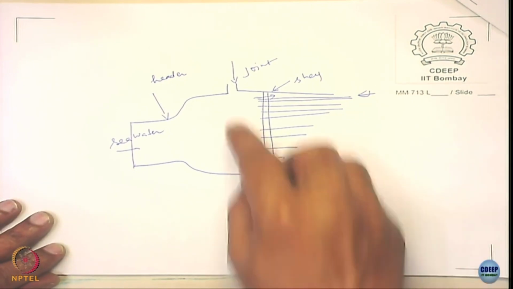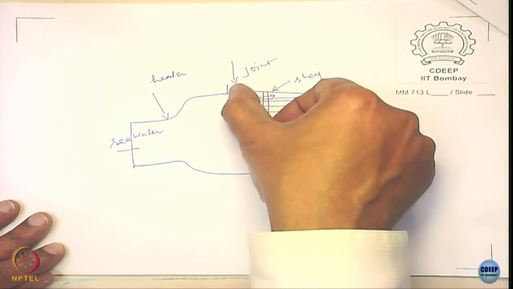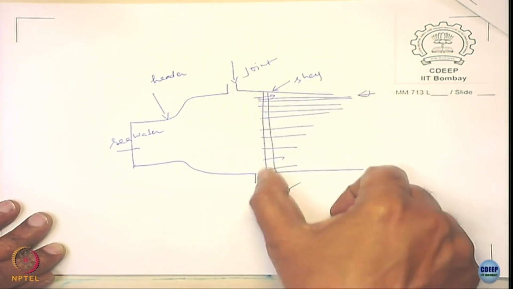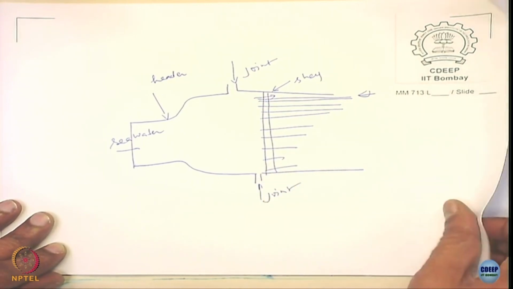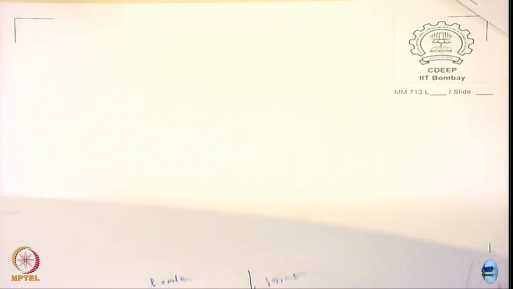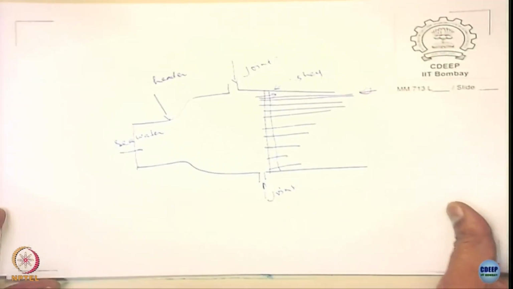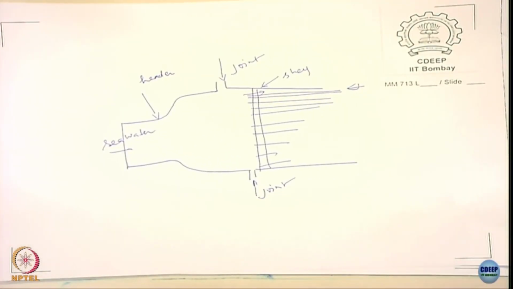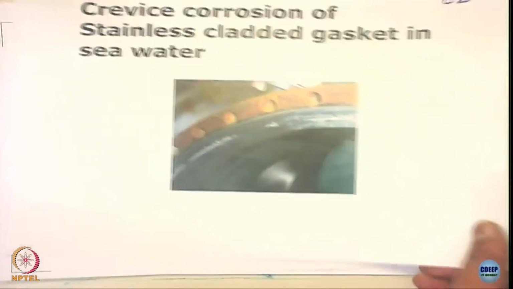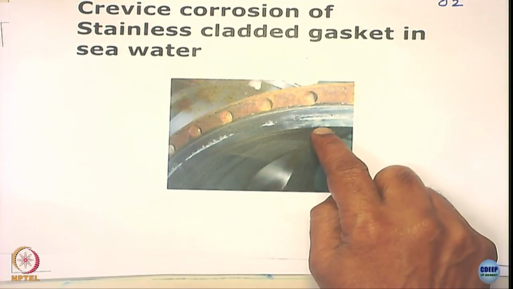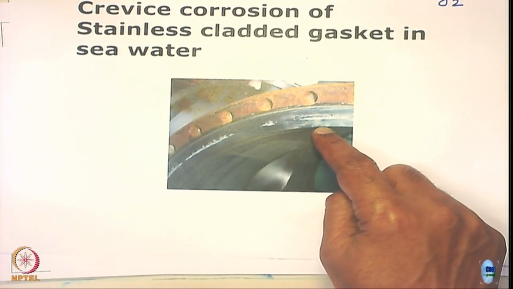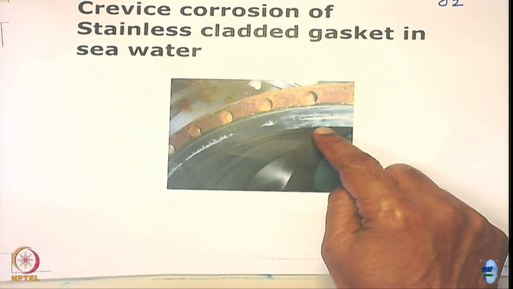So what you are referring to is this joint, which is a flange joint. Is it fine? Yeah. The corrosion has occurred because of seawater. Because of seawater, this was cladded with 2507 grade stainless steel.